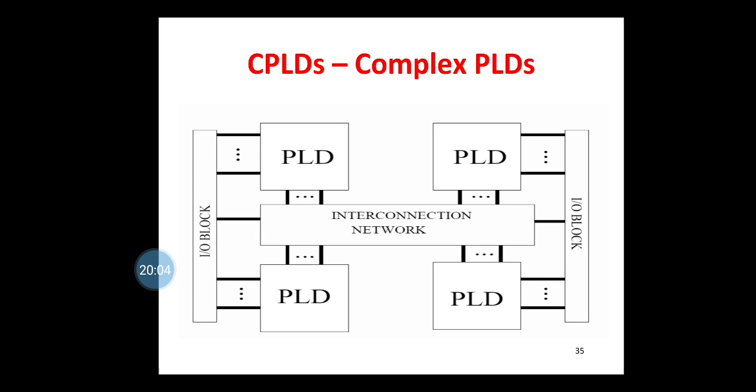This is the general block diagram of a CPLD. Here you can see there are blocks of PLDs which can be interconnected, as well as an input block and output block, input output blocks. So a complex PLD has many PLDs, and those PLDs can be interconnected with each other.